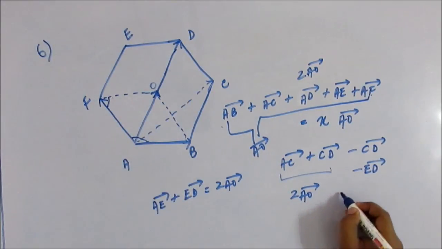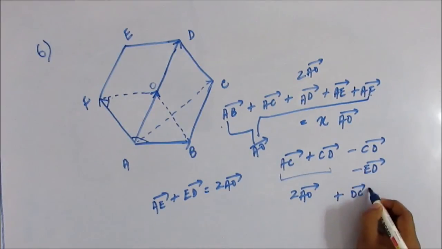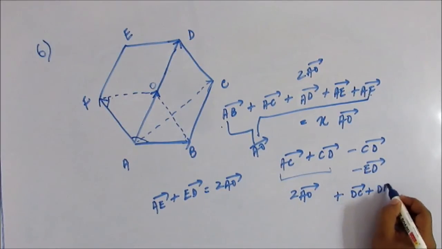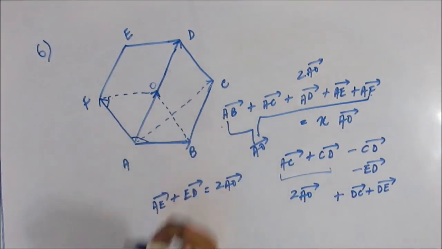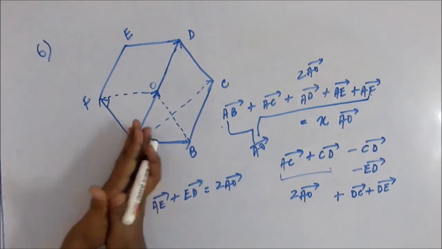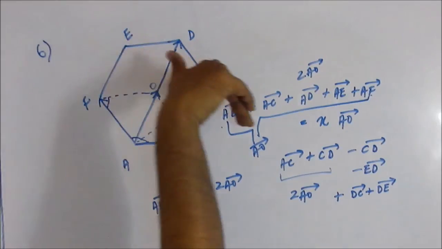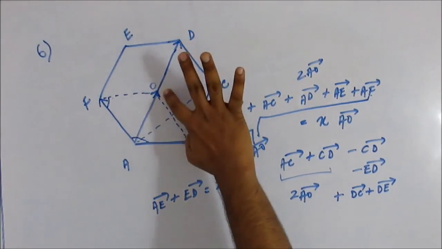So this is actually plus DC vector plus DE vector. Now DC vector plus DE vector, as we did for AB vector plus AF vector, is equal to DO vector.